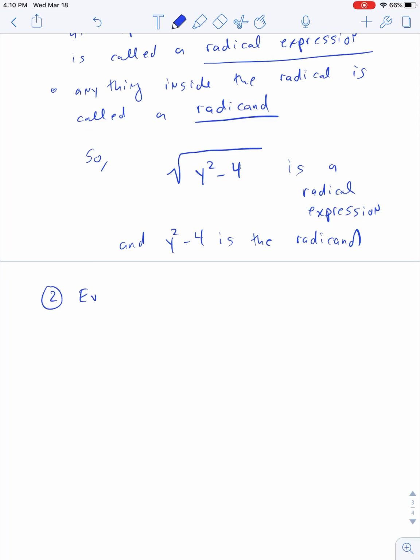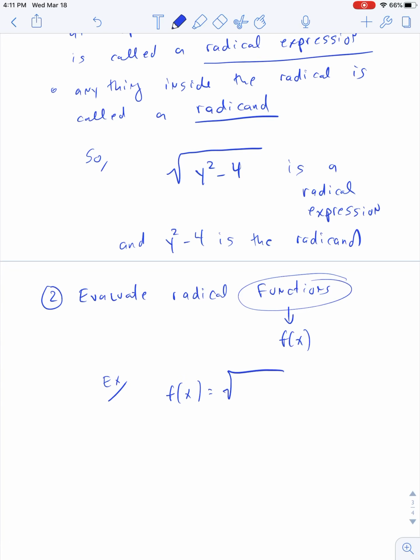What we can do is we can evaluate radical functions. Just remember, something that makes a function all of a sudden is the fact that it has f of x. So I can tell you that f of x equals the square root of 3x minus 2.